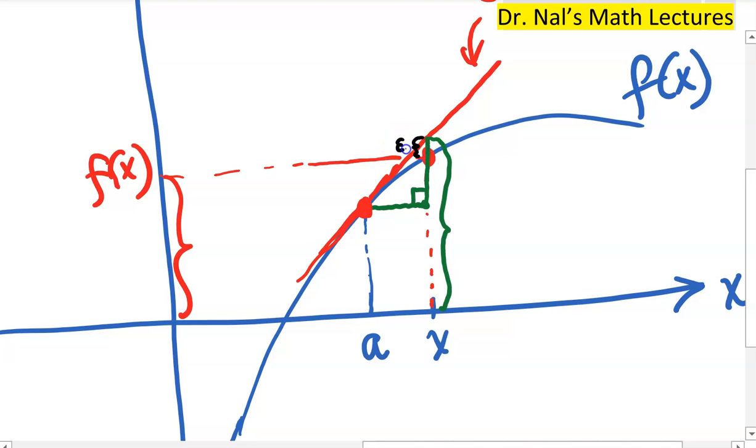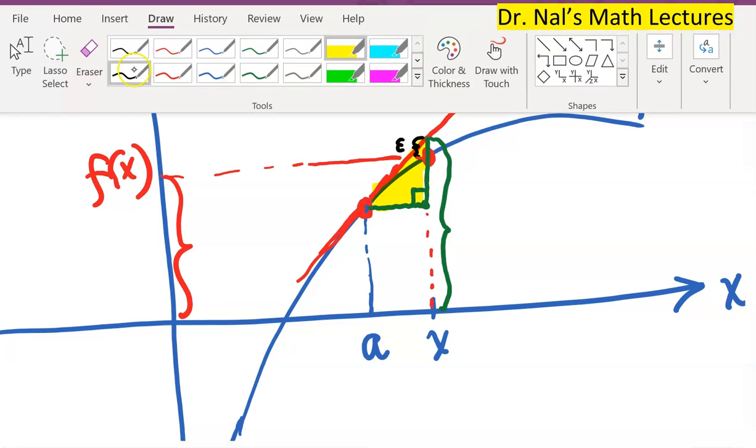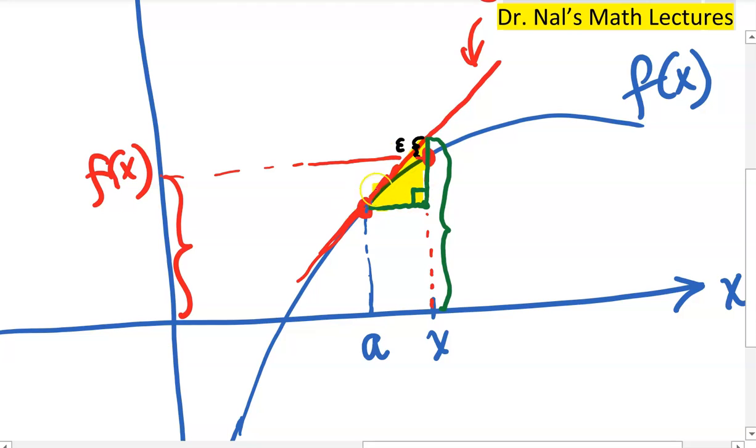So this is the error term, and that would be a good approximation. If I focus my attention on that right triangle, I can calculate the slope of that triangle in two different ways basically. First, as the derivative of the original function f of x.